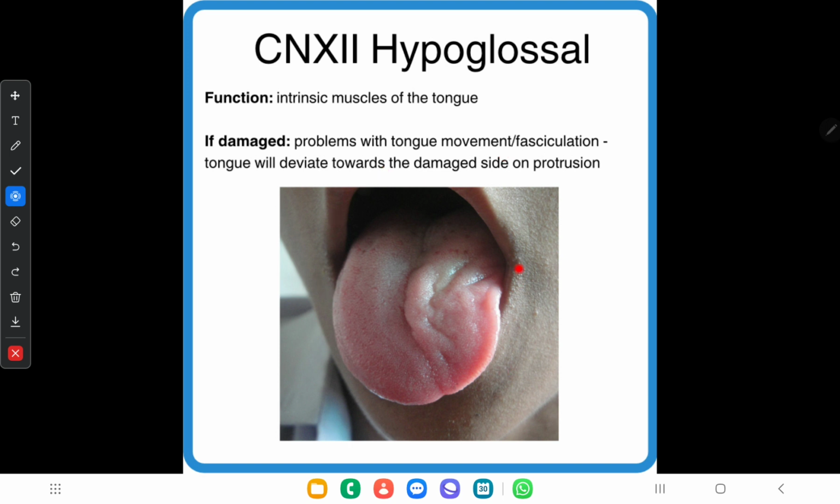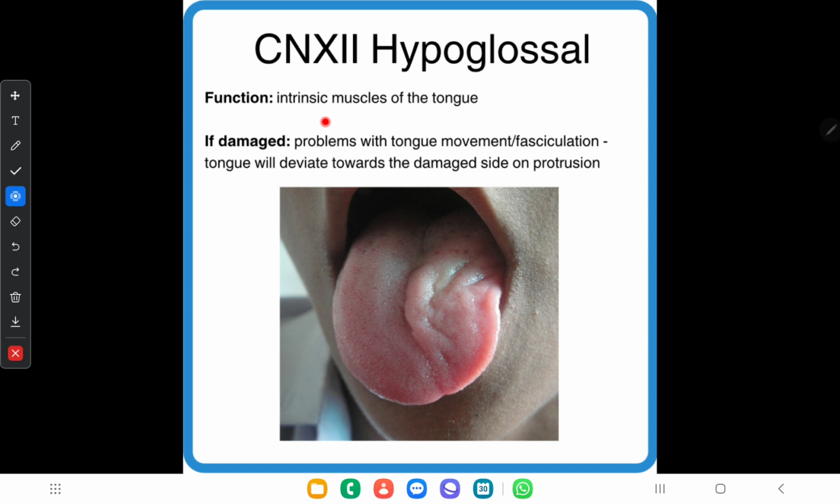So, if there is upper motor neuron lesion, the tongue deviates to the unaffected side, that means to the contralateral side. Here in this diagram, if you imagine this is an upper motor neuron lesion, it has deviated to the left side, so the right-sided upper motor neuron lesion can be seen.